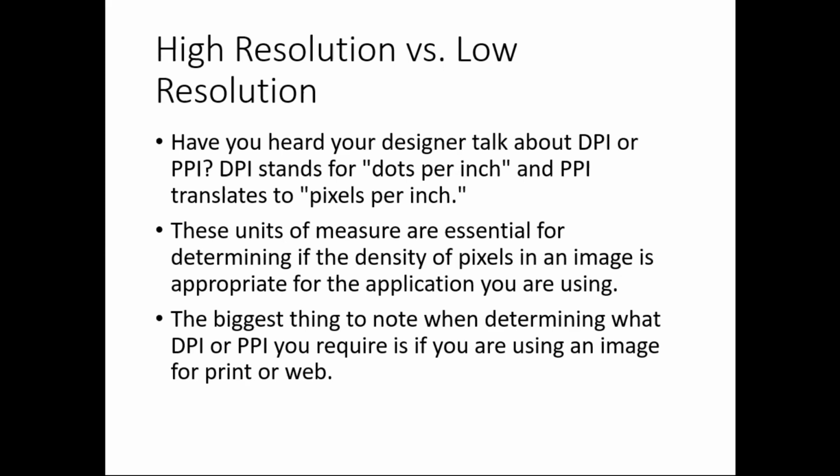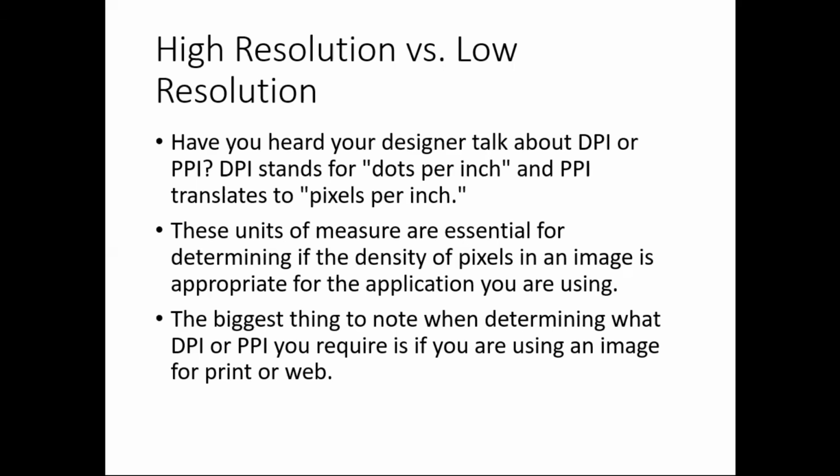Frequently, the dots per inch unit is used for printing purposes. Pixels per inch, that unit will be mainly used in displays, right? When we are discussing displays and other digital technologies, we use the measure PPI, pixels per inch.